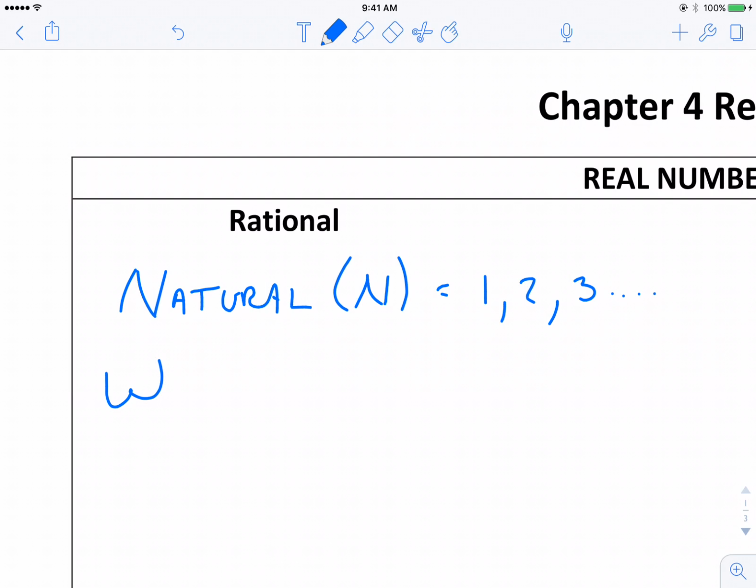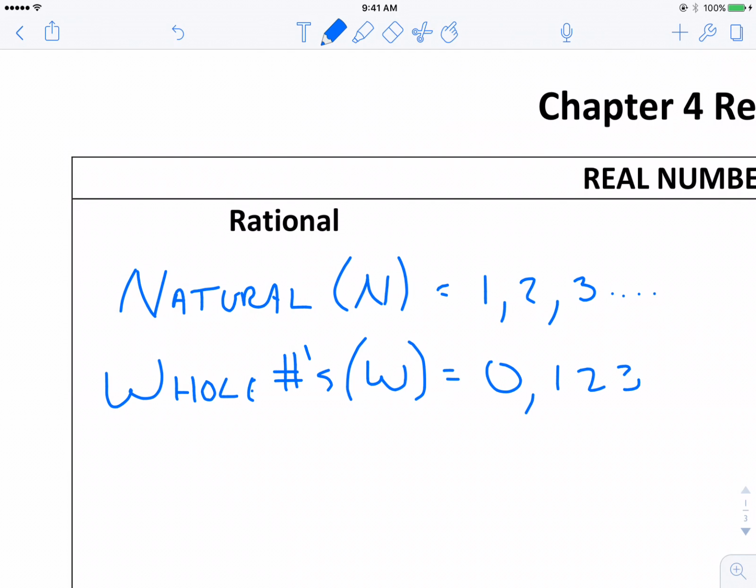We have whole numbers, with W as our number set, which now includes 0, 1, 2, 3, and so on and so on.